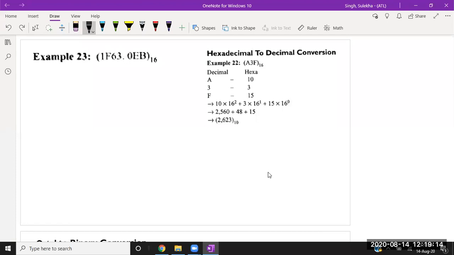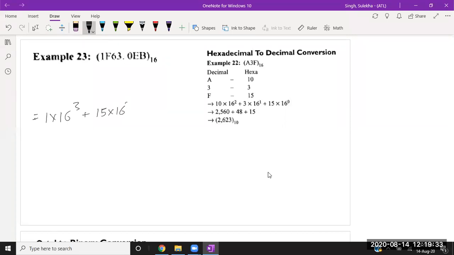Okay, so let's see what you need to take care of in this question. This is very simple. For the integer part, this is 1 into 16 to the power 3 plus F into 16 to the power 2. But this F is actually 15.